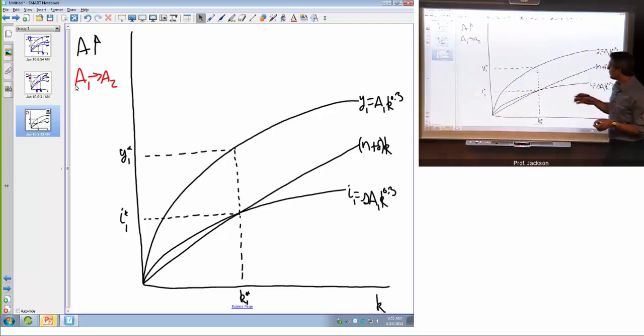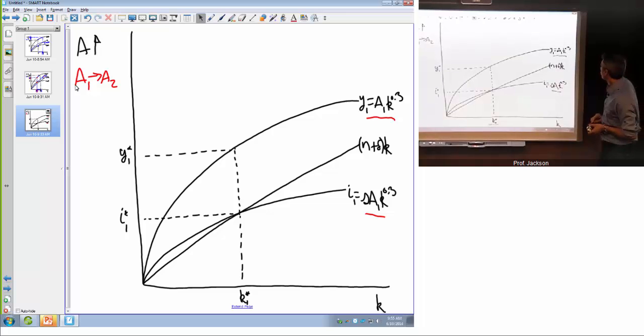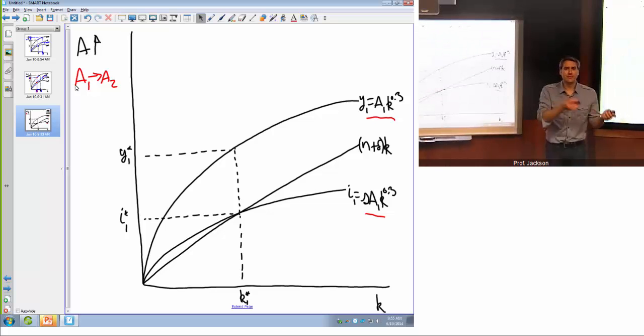And so there's actually two things that happen in this graph that are going to lead us to this result, why TFP, total factor productivity, is so important to growth. So you'll notice that TFP shows up in both the investment or savings function, the investment function rather, and also the production function. And so when total factor productivity increases, it's going to affect both of those things simultaneously.